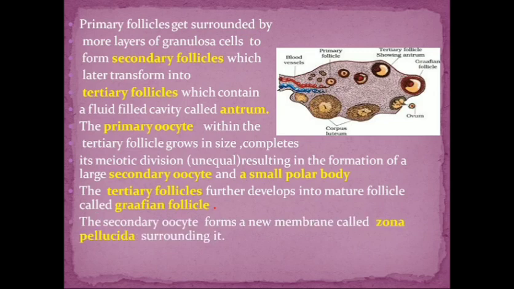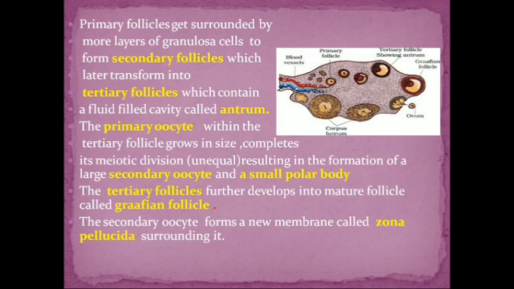Now, this mature Graafian follicle ruptures. The secondary oocyte, after formation, will be surrounded by a new membrane called the zona pellucida. Already the primary oocyte has a covering, that is, a plasma membrane.